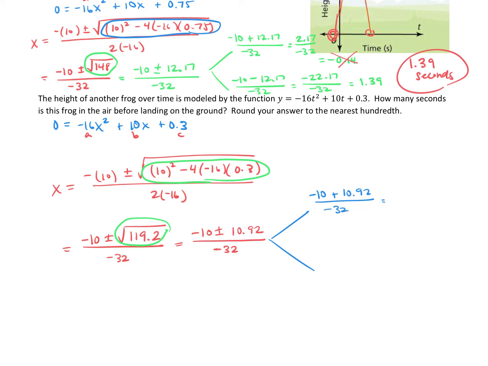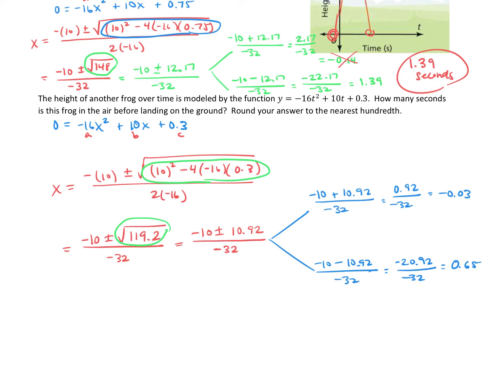That's going to get us 0.92 over negative 32, which divides into a negative 0.03. Now let's do negative 10 minus 10.92 all over negative 32. When we subtract that, we get a negative 20.92 divided by negative 32 gives us a positive 0.65.